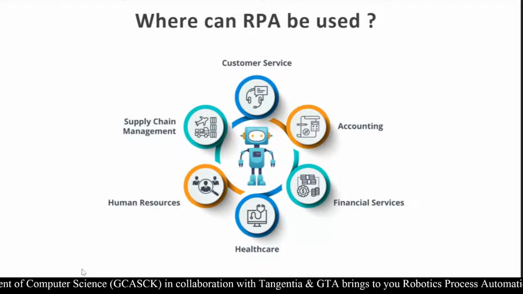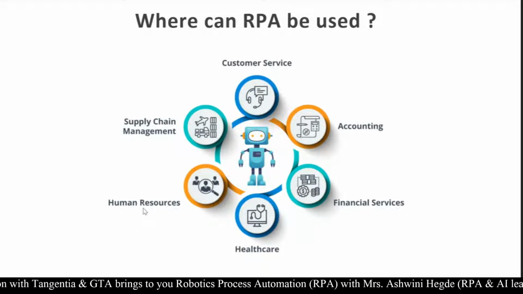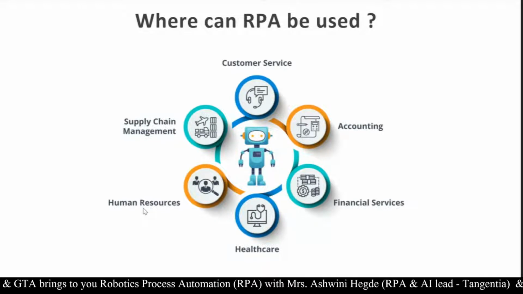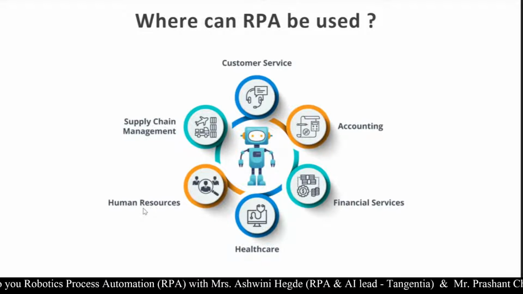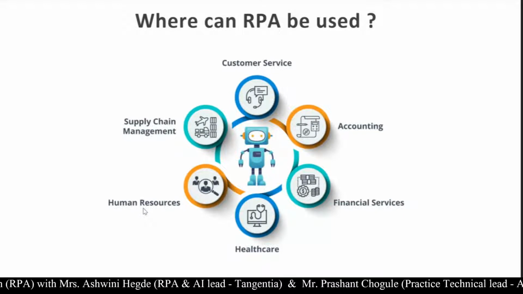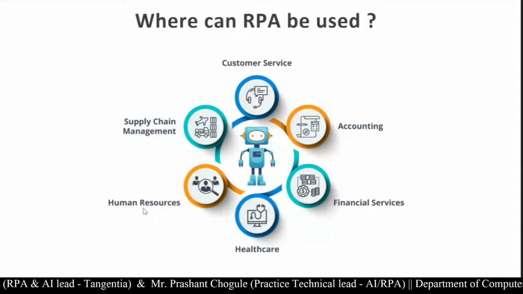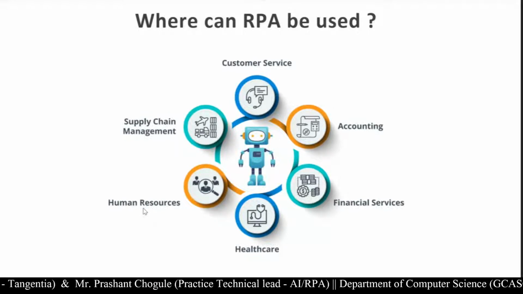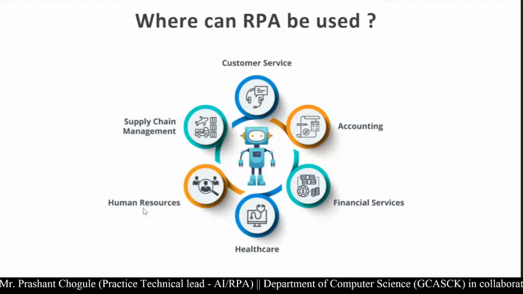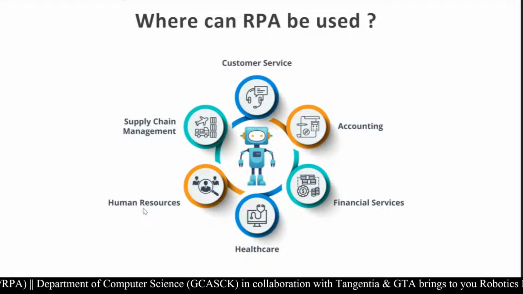Now, let's say, for example, human resources, the HR department. A very, very basic example is your payroll. The payroll has to be done every month. What typically the HR does is they pull the data from one system for all your leaves taken in the month, like how many leaves you have availed, how many extra leaves you have availed, all that. Then they take the reimbursements, like if you have applied for any travel reimbursements, food reimbursements, and things like that. And then there is your regular payroll, which needs to be paid with tax, without tax, and all of that.